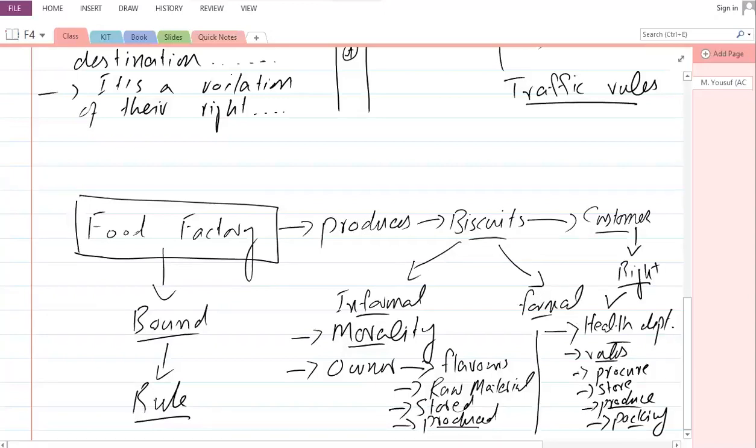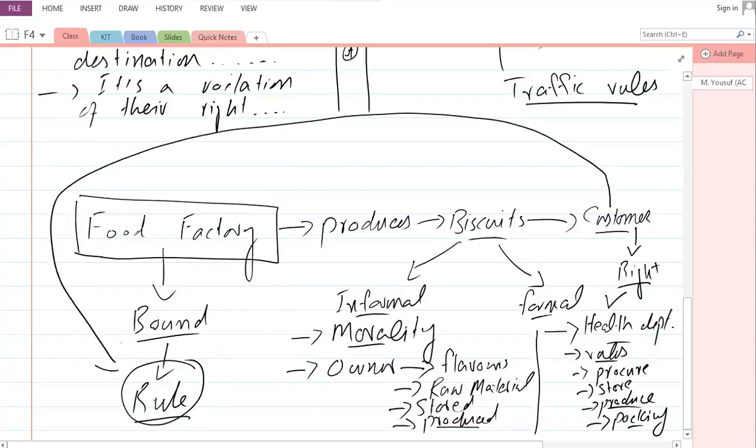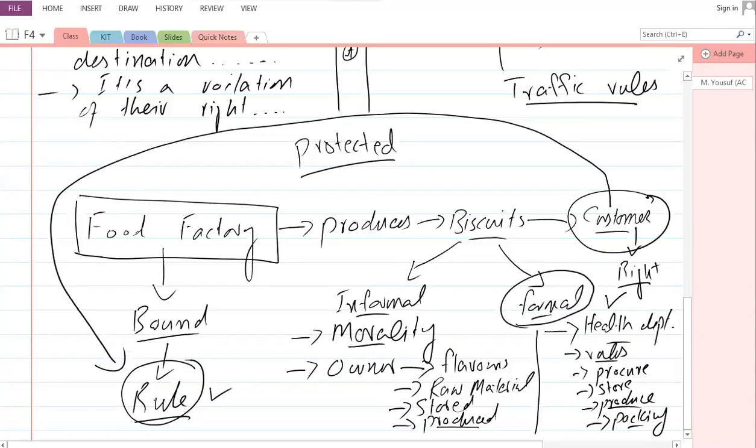So the chance of the customer getting unhealthy food and getting sick is very much reduced, because the company will be following these procedures and these rules. So this customer is more protected with the rules. This customer is protected when the food factory is following the rules and there is a formal mechanism.